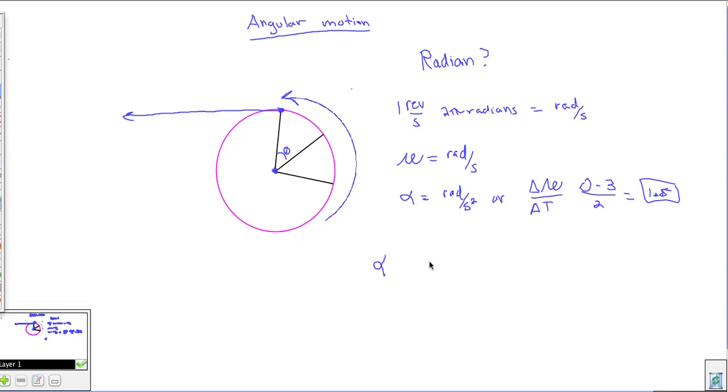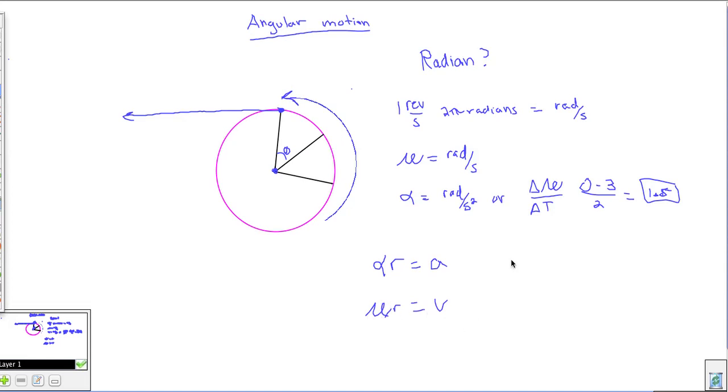It's pretty simple. If you ever want to convert any of these things to linear, say if I know my angular acceleration, what is my linear acceleration? Well, you just multiply it times the radius, and that's going to be your linear acceleration. Same thing with the angular velocity. If you multiply that times the radius, that's going to give you your linear velocity.